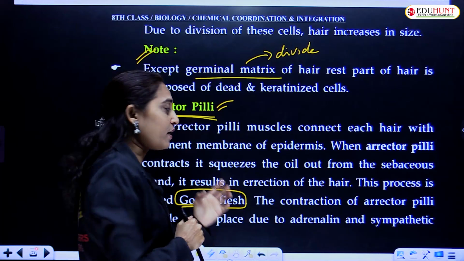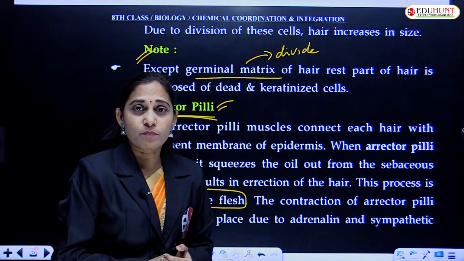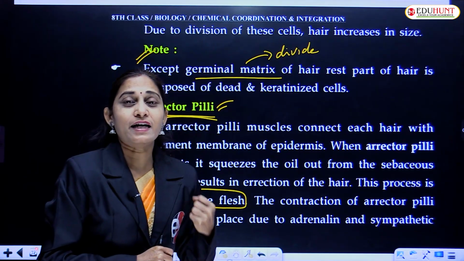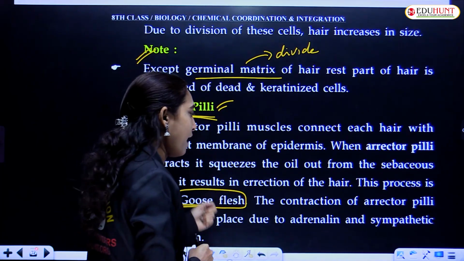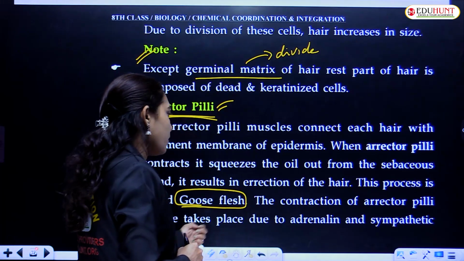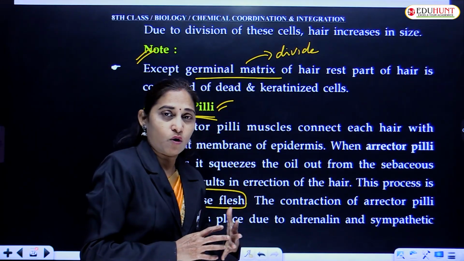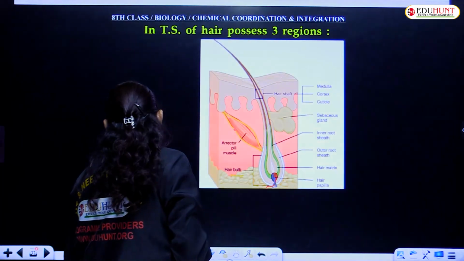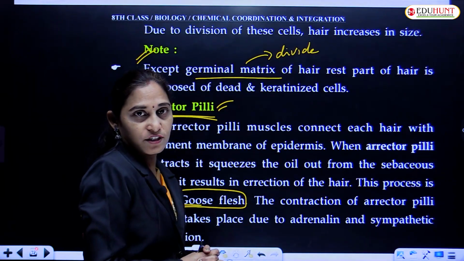The contraction of the erector pili muscle takes place due to a hormone called adrenaline, which is secreted by the adrenal medulla. The adrenal medulla secretes adrenaline hormone, and along with stimulation of the sympathetic nerves, both together cause the erection of the hair called goose flesh.